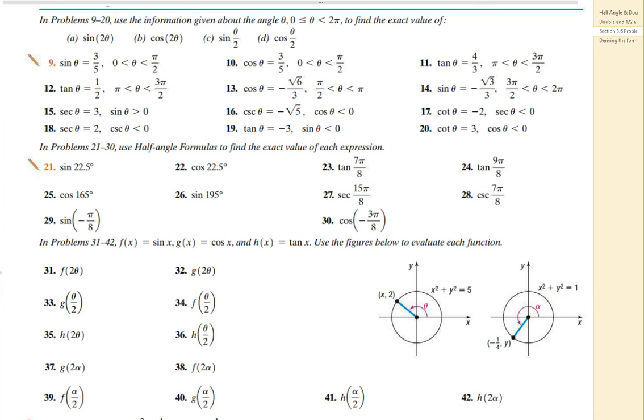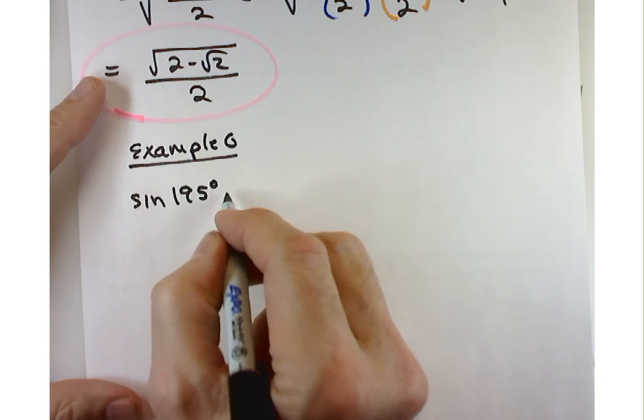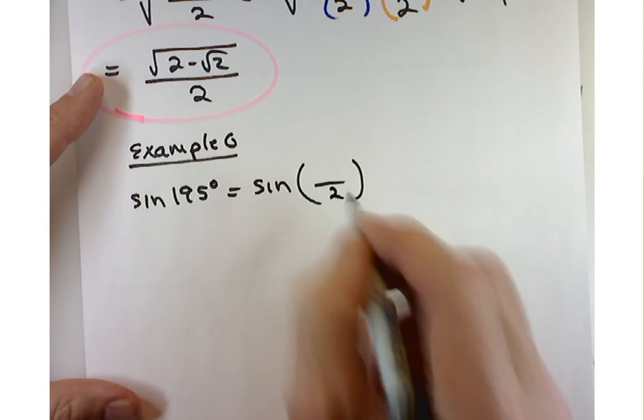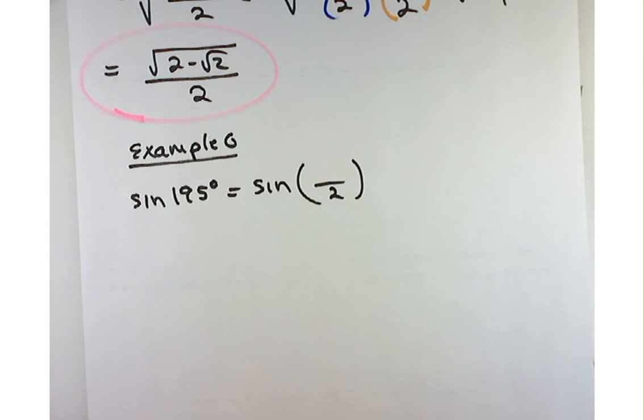The instructions tell you to use the half angle formula to find the exact value for each expression. So I have to figure out: 195 is half of what angle?